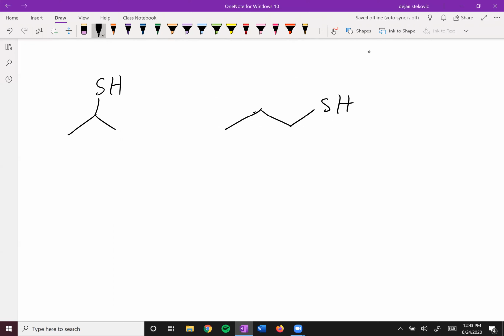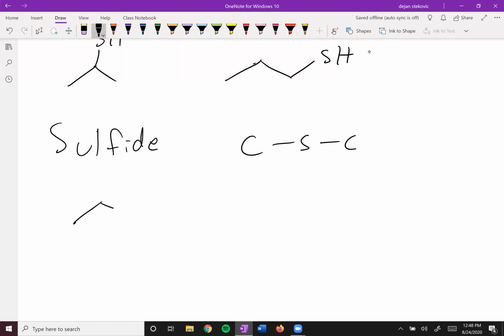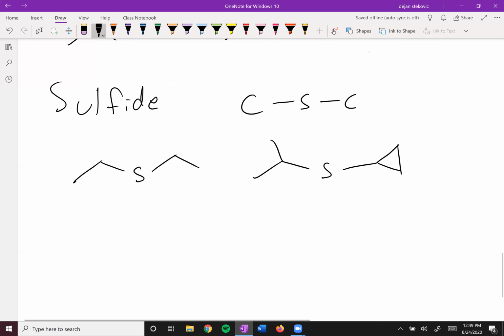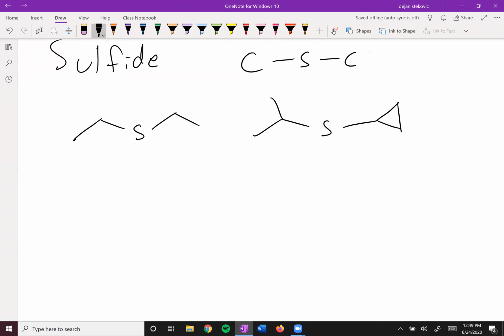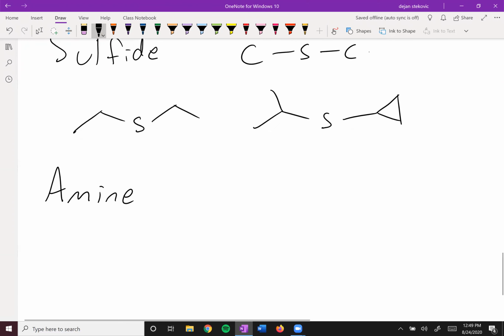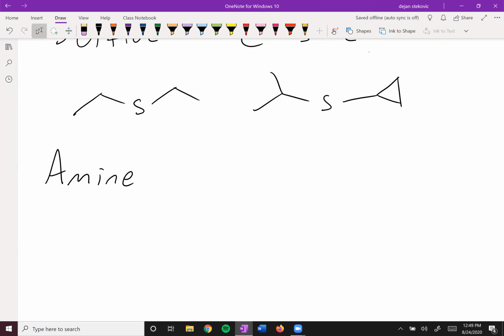And then we have what's known as a sulfide. This is similar to an ether, except now we have a carbon-sulfur-carbon bond, right? So maybe something like this. And you can put all kinds of stuff on either end. It doesn't really matter. You just need that carbon-sulfur-carbon bond. Next up, we have amines. Amines are some kind of nitrogen-containing compound with all single bonds, right?